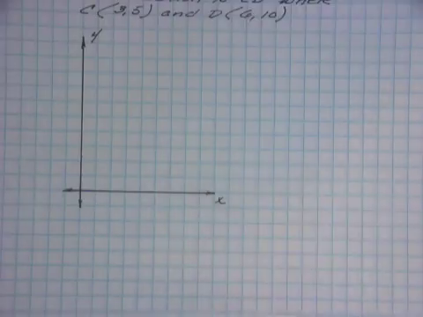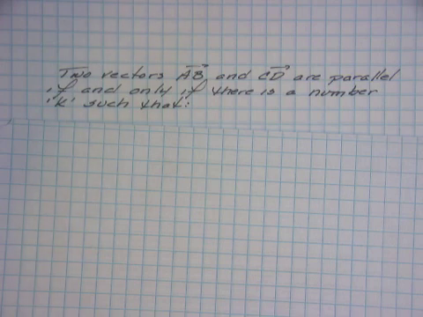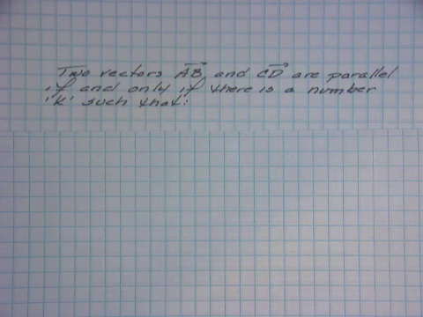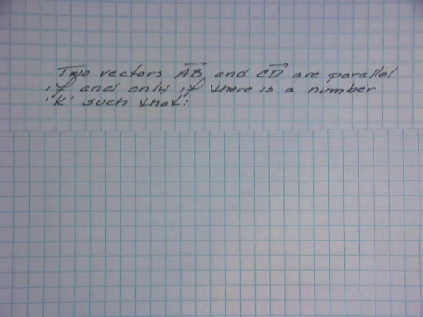All right, let's dig a little deeper. Two vectors, AB and CD, are parallel if and only if there's a number K such that, now, look, this is getting very formal, but you'd kind of expect it in the honors section of this textbook.